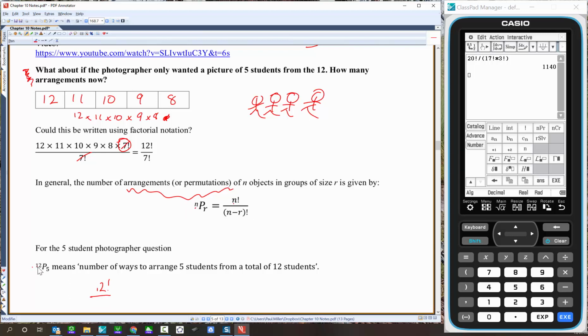That's 12 take 5, that's over 7 factorial, which is equal to 12 times 11 times 10 times 9 times 8 times 7 factorial over 7 factorial, which cancels out, which gives us that, or that. Notice that the box method is fantastic here. So you don't really need that formula if you understand how to use these boxes.